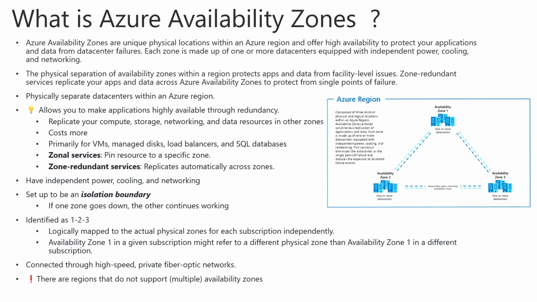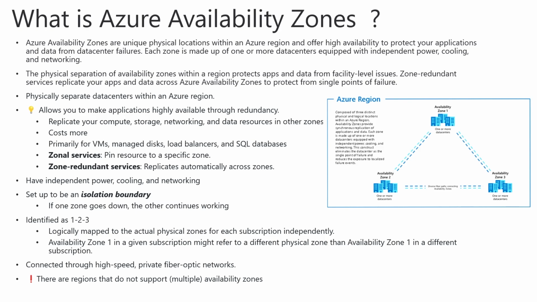So what are availability zones? Within some Azure regions, there are availability zones. Availability zones are physically separate data centers within a region, each with its own power, cooling, and networking infrastructure. These zones are connected through low-latency links to provide redundancy and fault tolerance. By distributing resources across these zones, we can ensure availability and resilience for our applications.